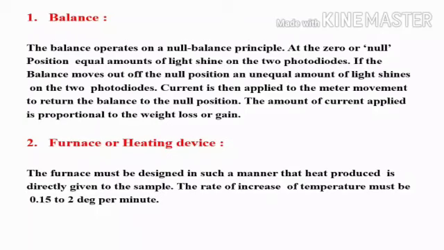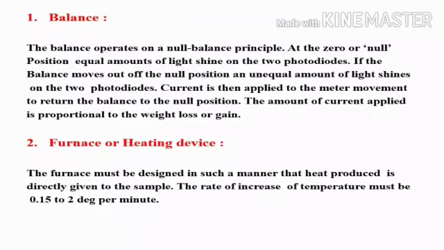Secondly, furnace or heating device. Here the sample is heated by resistance heater, IR radiations, microwave radiations, or heating can also be done by passing the hot vapors of liquids or solids.